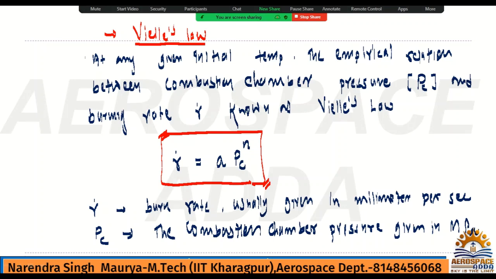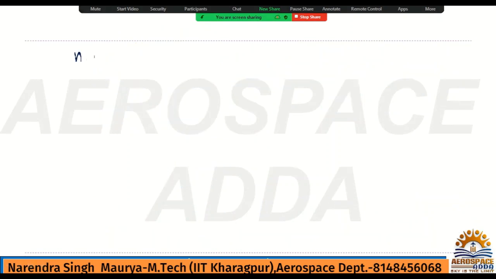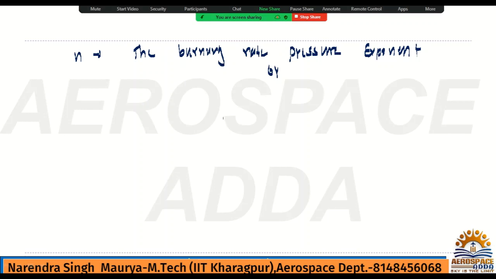And what is n? n is the burning rate pressure exponent, or it is sometimes called the combustion index, okay?